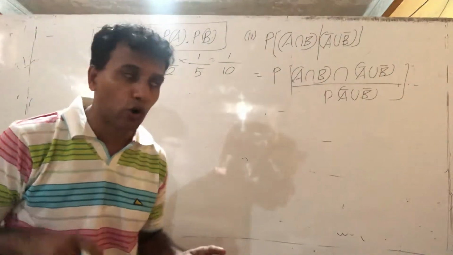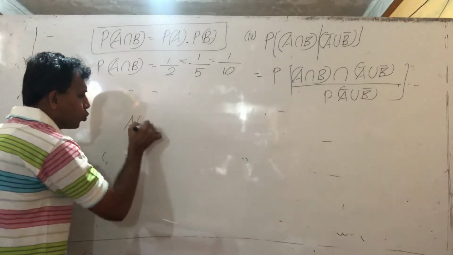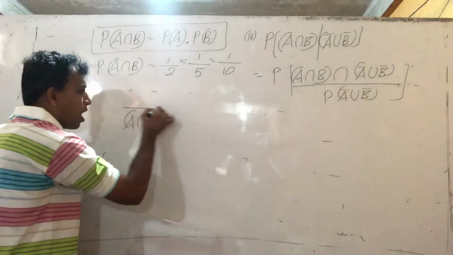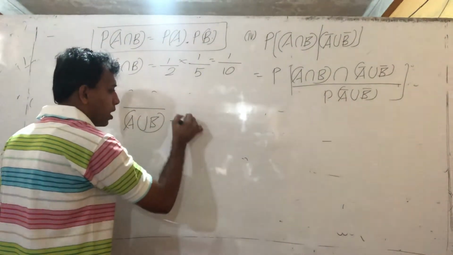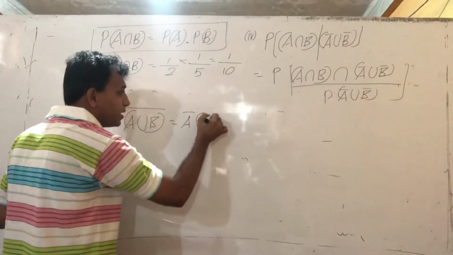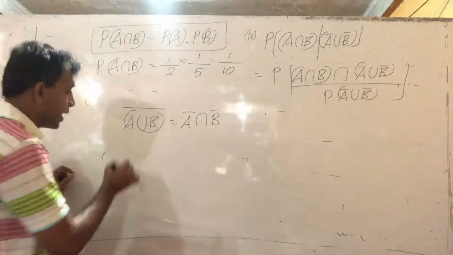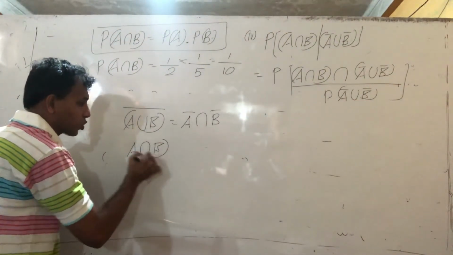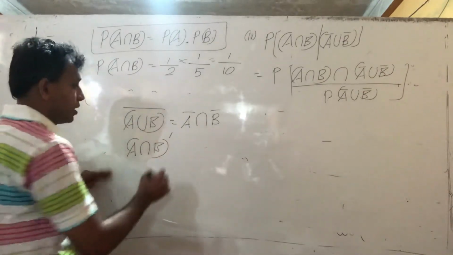De Morgan's law, right? So see that A union B, complement, can be shown as A bar intersect B bar. De Morgan's law, right? The same thing for the intersection. Some people write a dash or the bar, both have similar meaning, right?